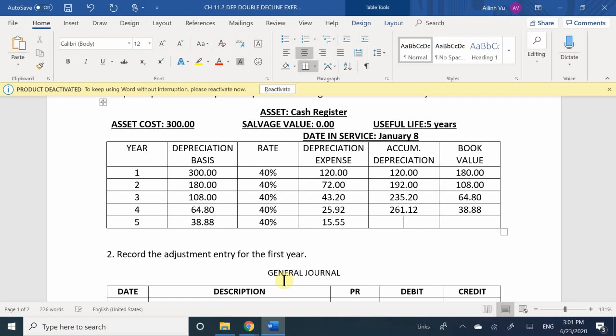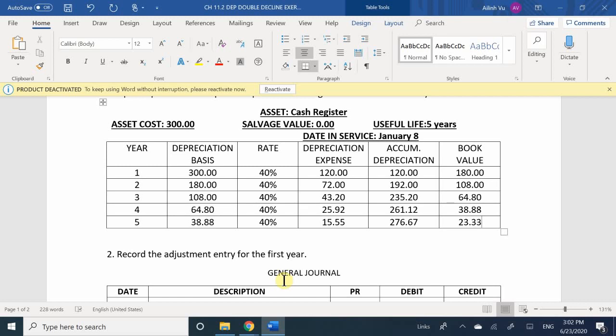Okay, then you take 261.12 plus 15.55 equals 276.67. Then minus 300 and you get $23.33. Yes, that's correct. Good job.